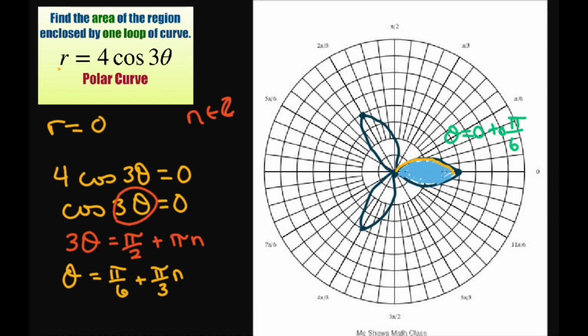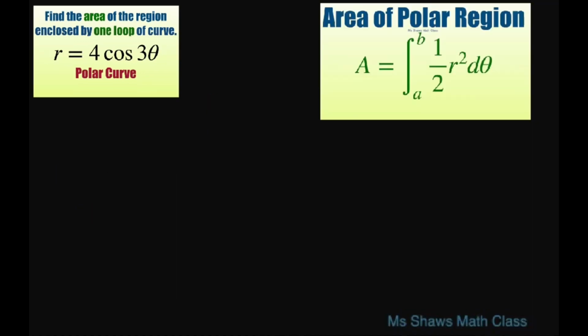And then below here, it's traced out to negative pi divided by 6. So we're going to use our limits of integration as negative pi divided by 6 to pi divided by 6. All right, so let's do that.